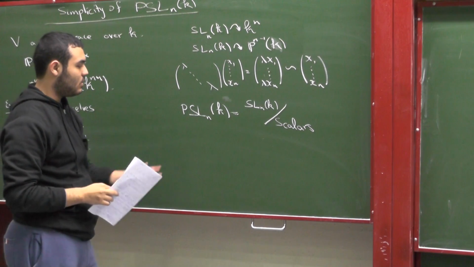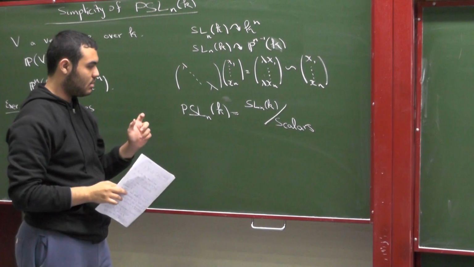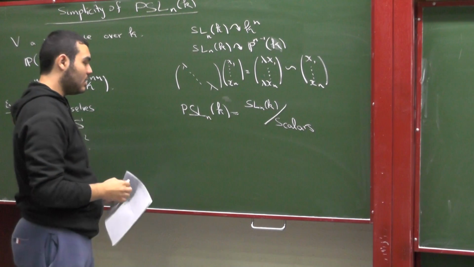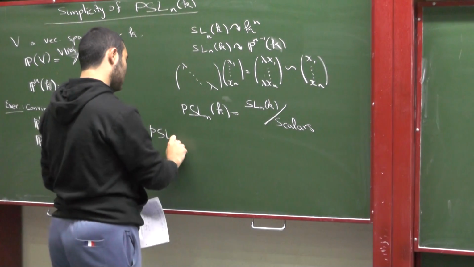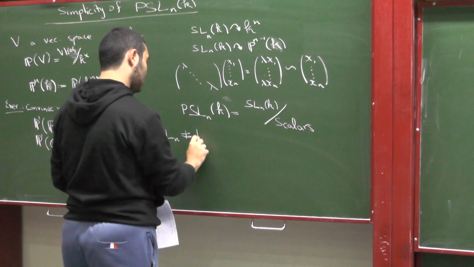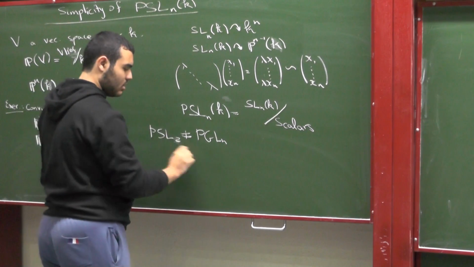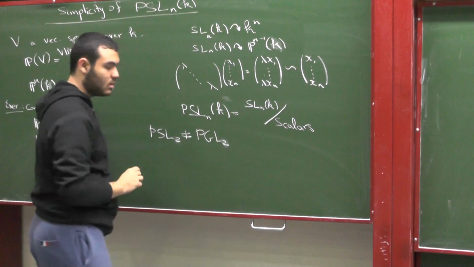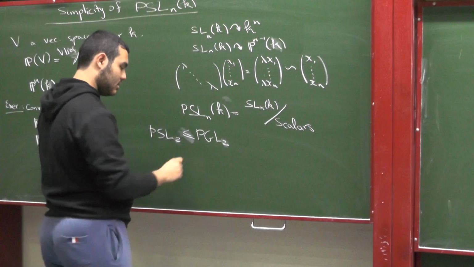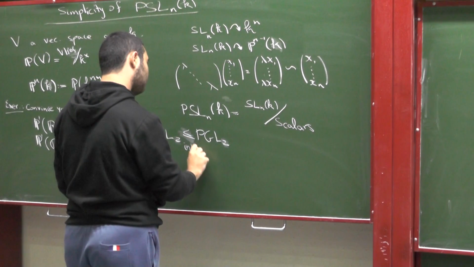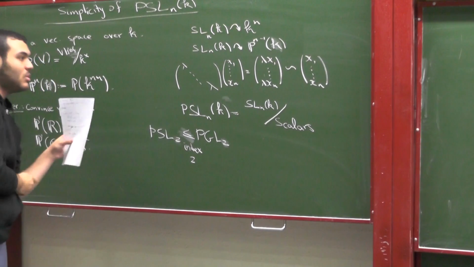But there are a few subtle places where, even though you mod out the scalars, PSL_n is sometimes not PGL_n. For example, for n equals 2, you don't have equality. Actually, PSL_2 is a subgroup of PGL_2 of index 2, where the index is given by the sign or something like that.